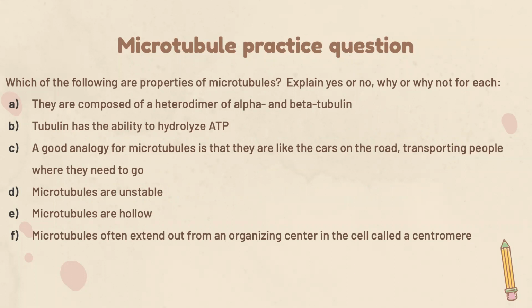All right, so which of the following are properties of microtubules? Explain yes or no, why or why not for each. Would you guys prefer having a few minutes to think about it yourself, or should we go one by one? Okay, votes for a few minutes by yourself. Okay, and then votes for one by one. Okay, a few minutes by yourself.